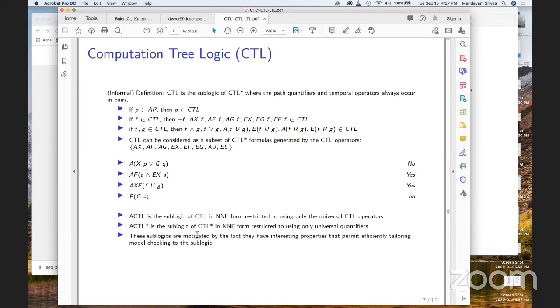And sometimes, for example CTL, among all these sublogics, we will introduce one called LTL in the next slide, is even complexity-wise the most efficient of all other sublogics of CTL star.